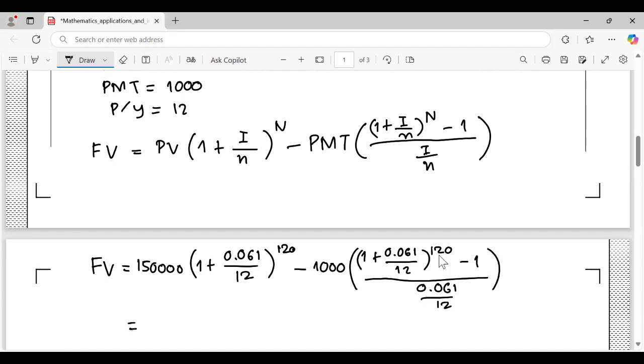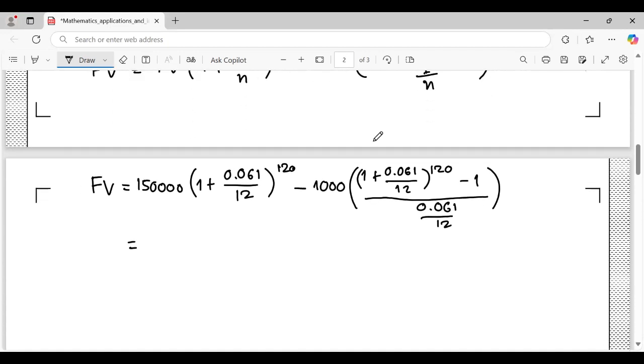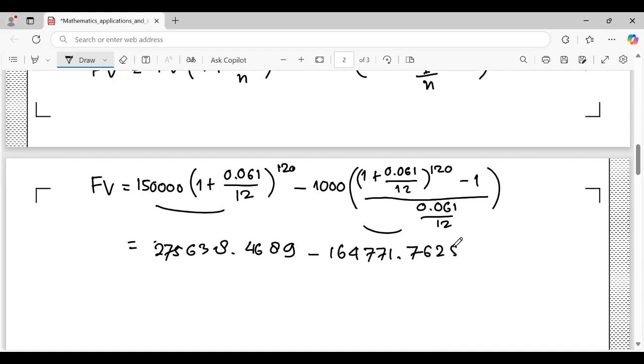I have calculated these calculations on my calculator, and the result for this term is 275,006.6384689, minus for this term is 164,771.7625.